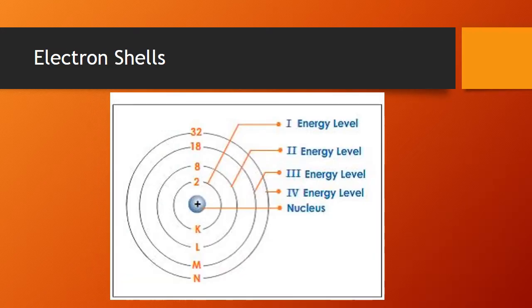So what we do is when we draw these electron shells, they're called, or orbitals, we start from the nucleus and we work our way out and we name them. Now in this diagram it's called, with Roman numerals, energy level 1, 2, 3, and 4. That's fine. They also have names, and that's the K, L, M, and N. So we talk about the K shell, the L shell, M or N, or the K orbital and the L orbital.